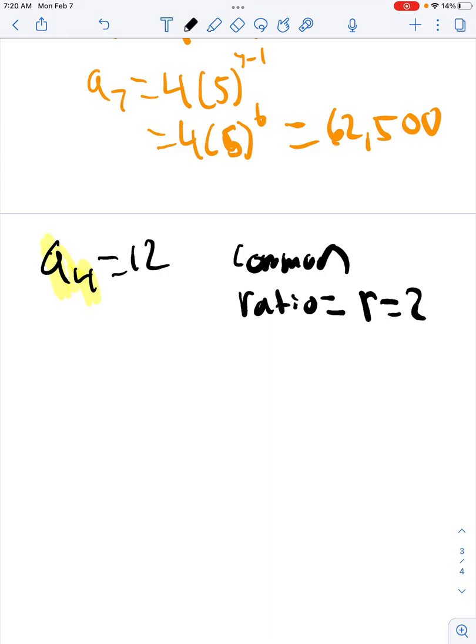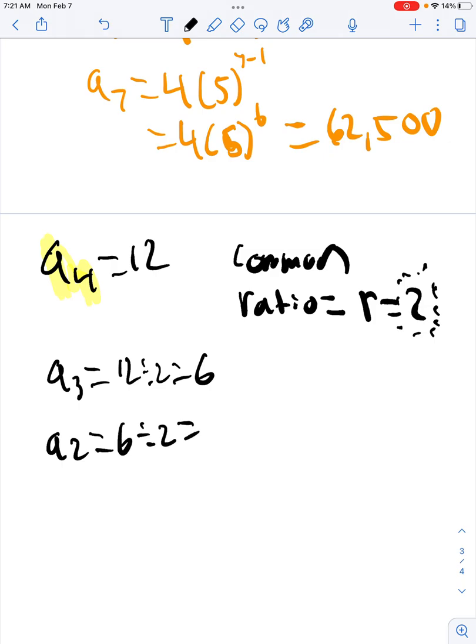So what I can do though is I can work backwards. So instead of multiplying by 2 to get the 5th, the 6th, the 7th, I can divide by 2. So a sub 3 is 12 divided by 2, which is 6. A sub 2 is 6 divided by 2, which is 3. And a sub 1 is 3 divided by 2, which is 1.5 or 3 over 2.